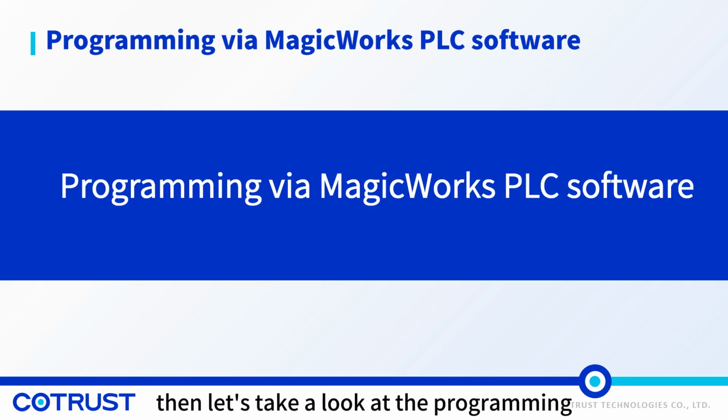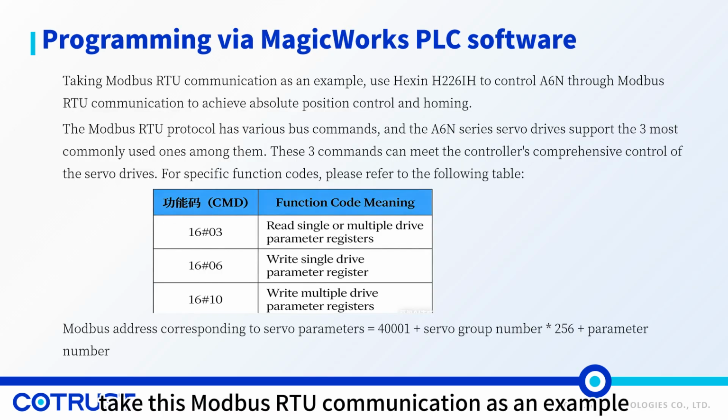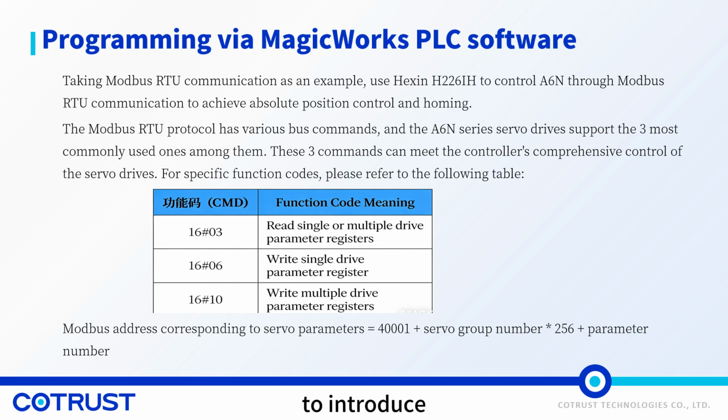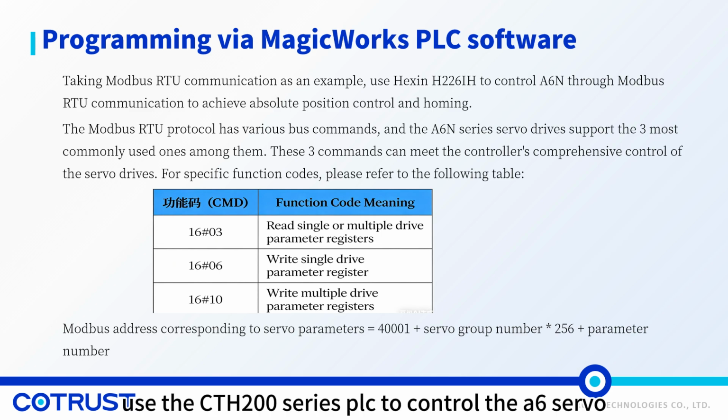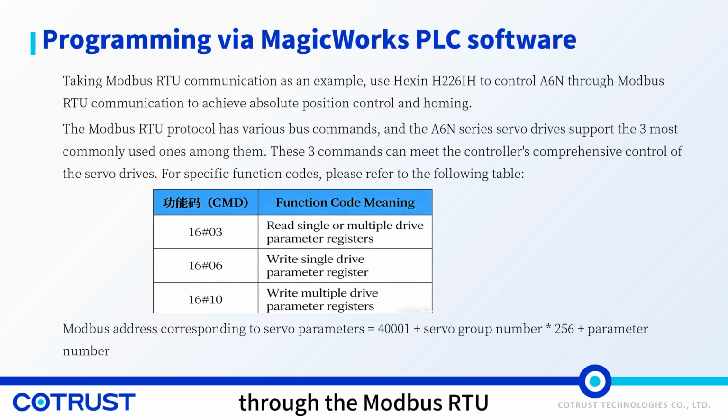Then let's take a look at the programming in the host computer software. Take this Modbus RTU communication as an example. Use the CTH200 series PLC to control the A6 servo through Modbus RTU to realize the function of positioning and returning to the original.